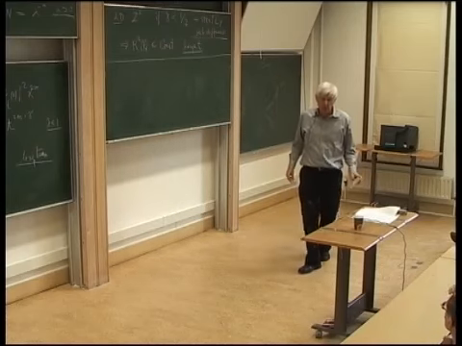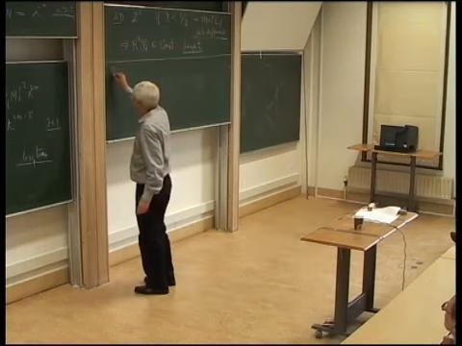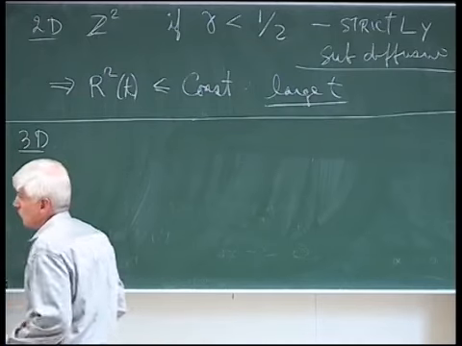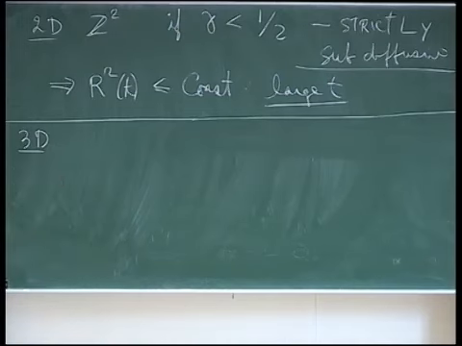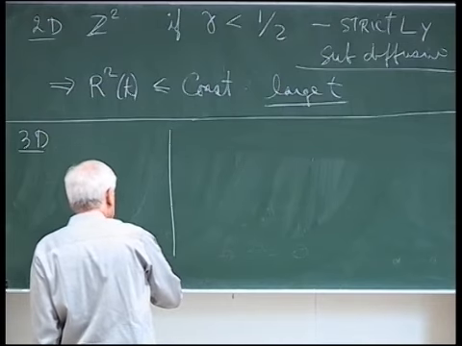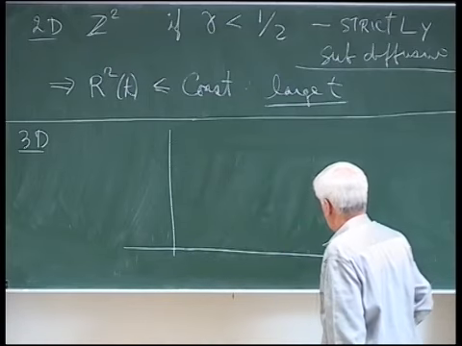I'm in 3 dimensions, and I will consider general lambda, but I'm always considering this tight binding model, so I have a discrete Laplacian and so forth. I want to try to explain this picture which I drew last time, which is a fairly interesting and I think important picture to have some understanding of.